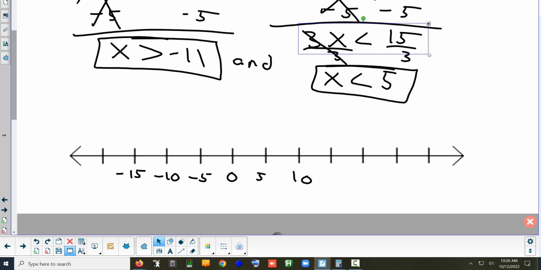Yep, Lexi. Open. So just put that a little bit left of negative 10. On Edge Elastic, it'll help you do that. And what kind of circle on 5? Sean? Yep, I agree with open. And where do we shade this time? Yep. In between, because it's an and. Right? Connect the dots. Just like that.